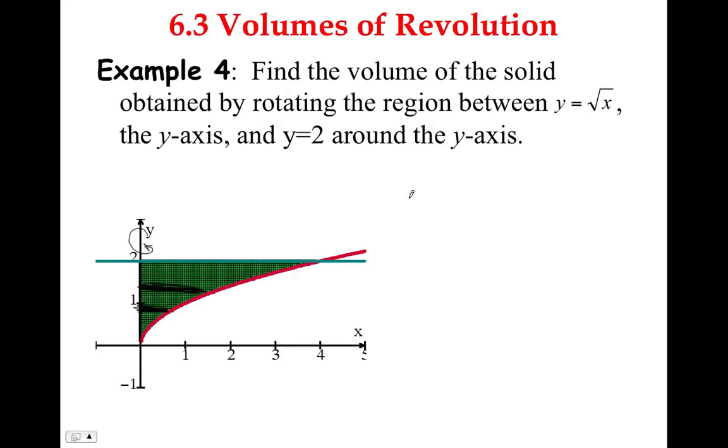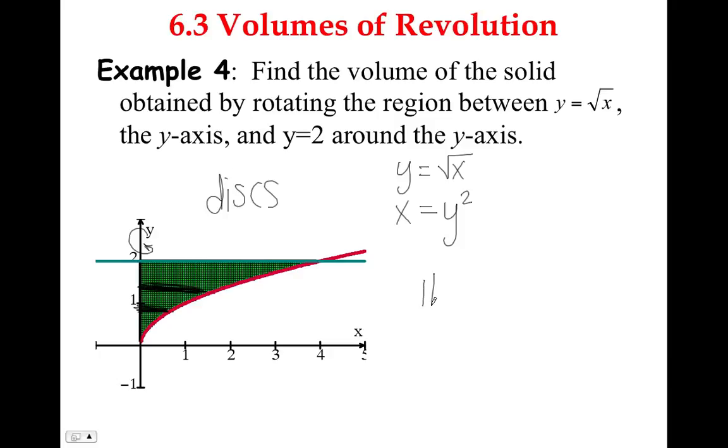Okay, let's do a straightforward one like this. My region is given to me as y equals the square root of x, but I don't want y in terms of x, I want x in terms of y. So x is going to equal what? Y squared. I square both sides, yes? Because this is entirely touching the axis of rotation, I am going to be dealing with disks here.